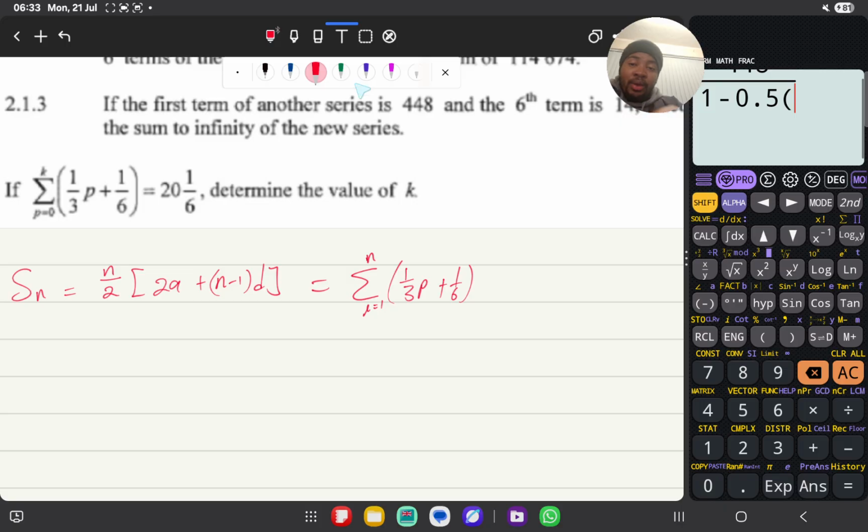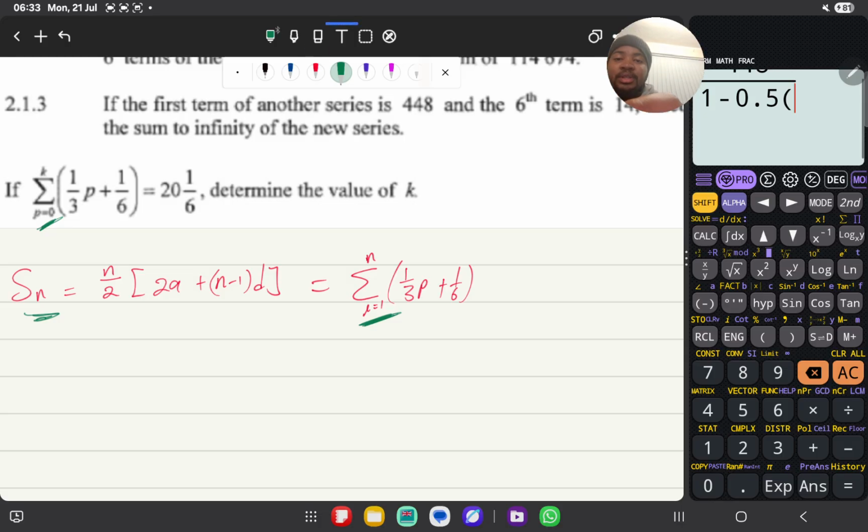What I want to highlight is that for Sn we start from 1. If we use this equation and make the substitution, it is starting from 1, not 0. These guys, they started from 0, right?